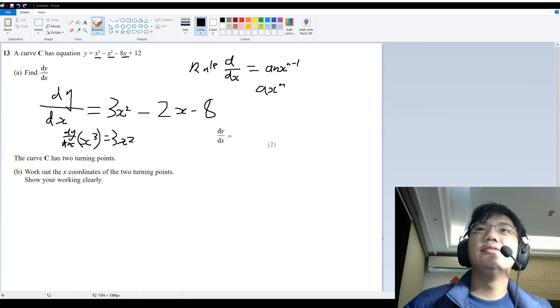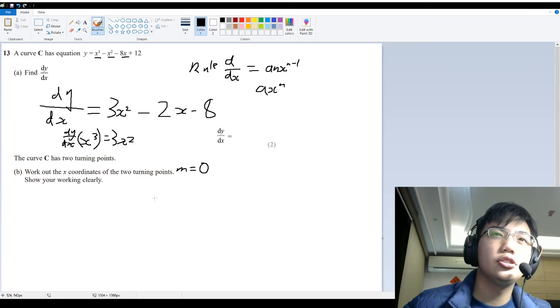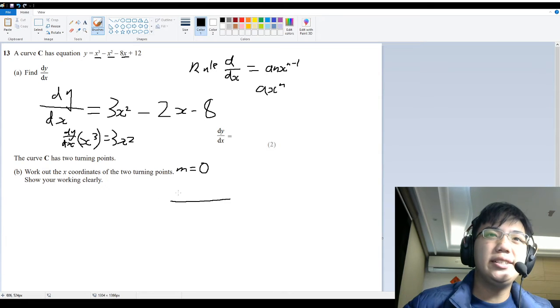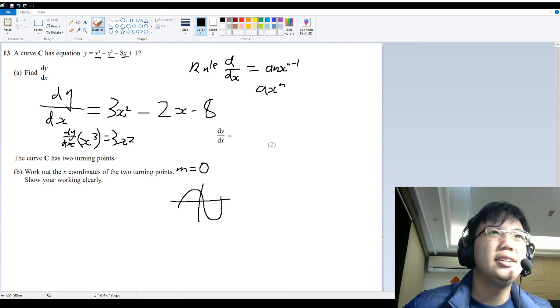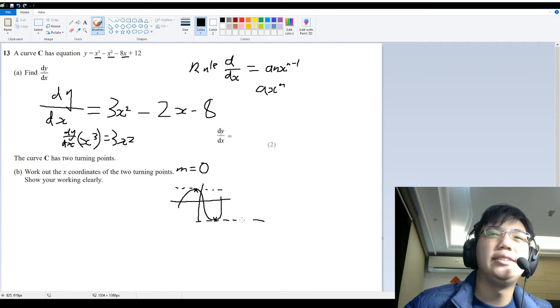And now we need to find the turning points of this equation. Turning points are basically stationary points where the gradient is 0. With a graph, for example, probably not this one, a graph's turning points would be here and here, at the vertex of each of these curves, where the tangent meets it at a gradient of 0, i.e. a straight line.